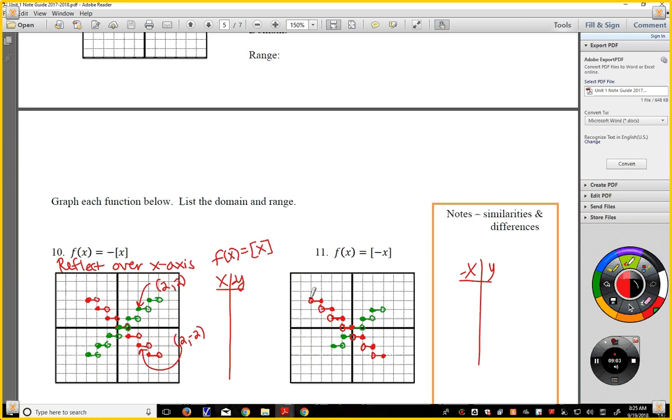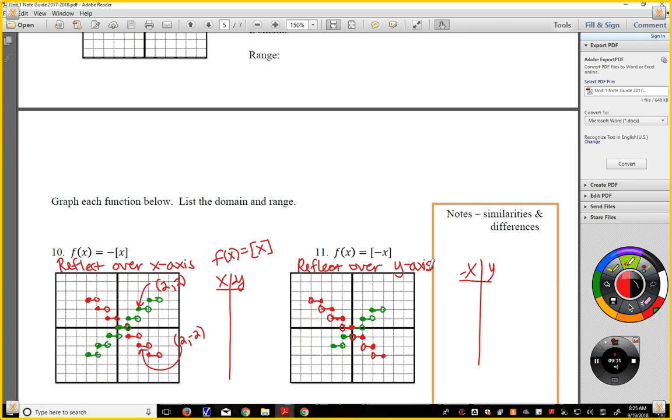However, when you flipped it horizontally, you not only changed the orientation of the staircase in general, but each step's orientation was flipped over. So this negative in here is causing a reflection over the y-axis. It's the x that is changing, but when x's change, they change from side to side over the y-axis.